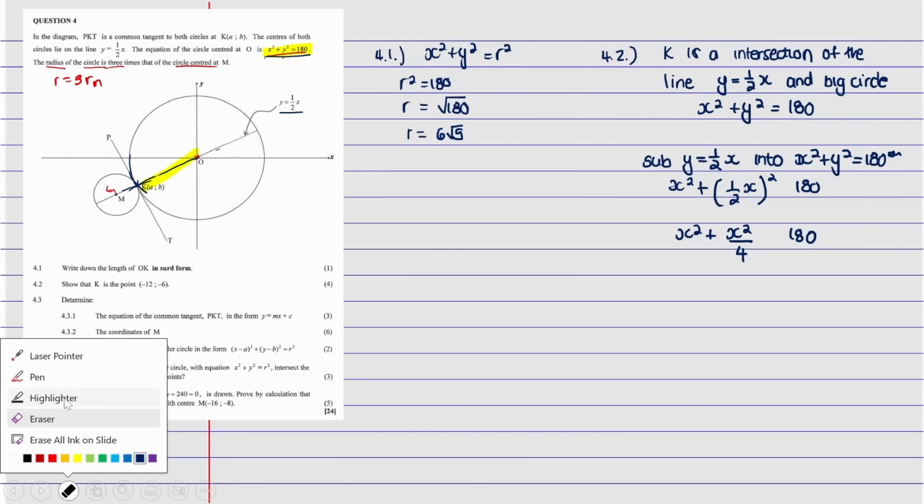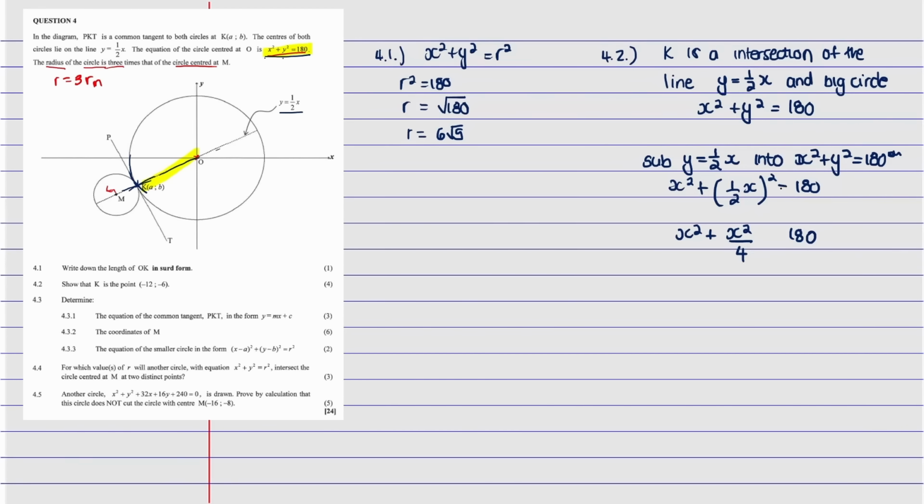So this is going to equal 5x squared divided by 4 equals 180. This is the same as divided by 1, so I'm going to cross multiply.